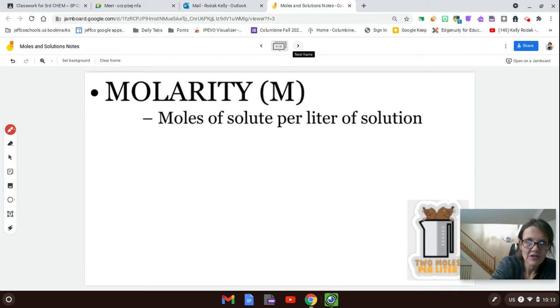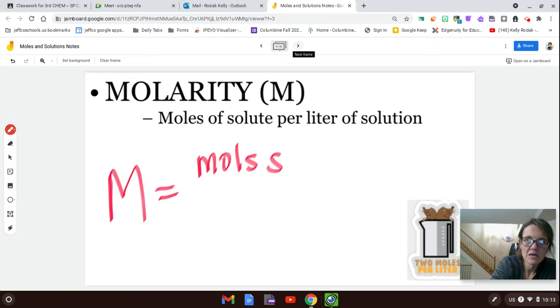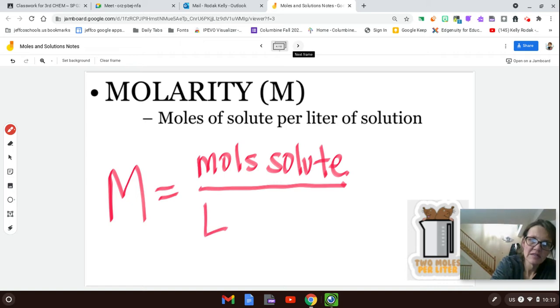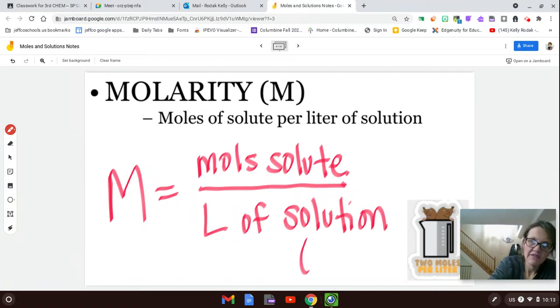So this is something that you will definitely want to write down. Molarity is equal to the moles of solute divided by the liters of solution. And just to clarify, I do this all the time.